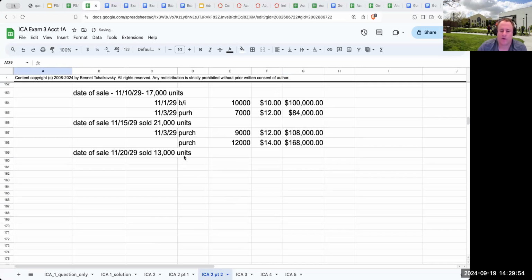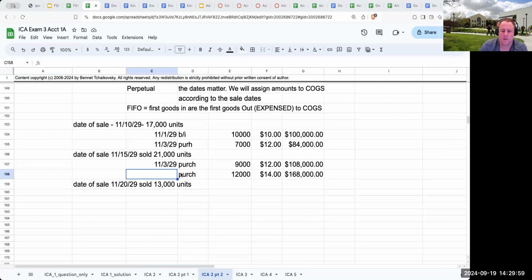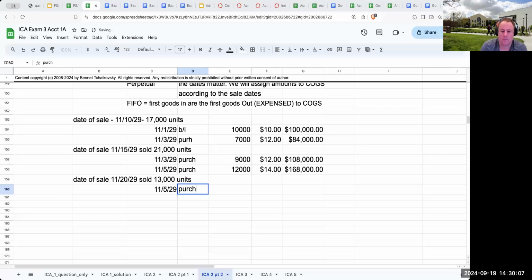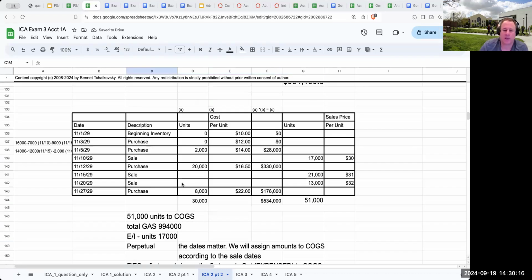So right over here, my 11/5. So I had 2,000 units remaining from that, and I need a total of 13,000 units. So I need more, right?